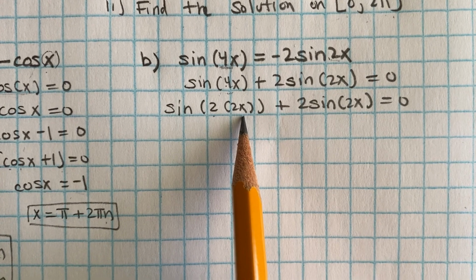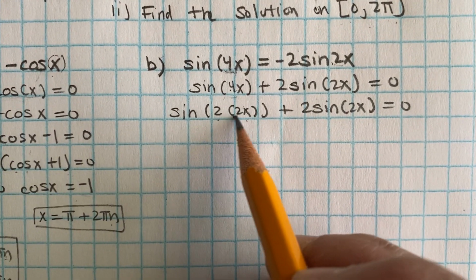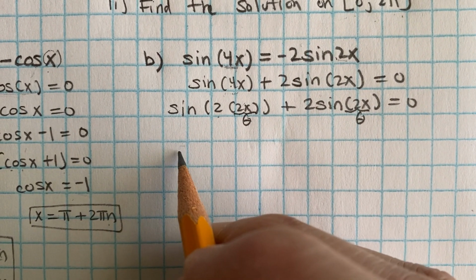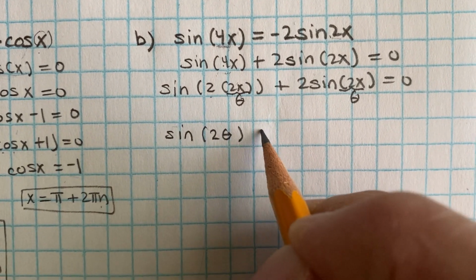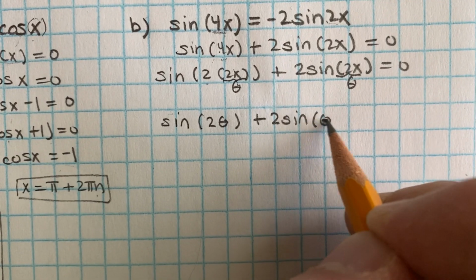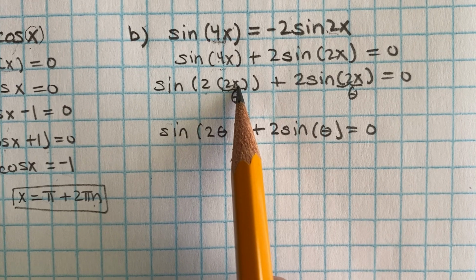Well, how does that help us? Remember I showed you guys the theta substitution? Why don't you call this guy right now theta and rewrite it as sine of 2 theta plus 2 sine of theta. So all I did over here was let theta equal 2x.